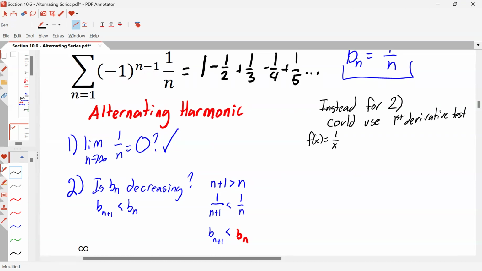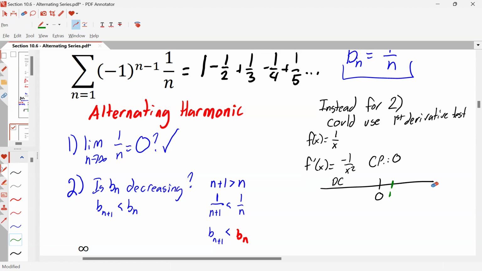And the first derivative of 1 over x is negative 1 over x squared. And our critical point is 0. That's the only place that function is undefined. And we don't care about the left-hand side of this because we only care from 1 to infinity, right? We only care from here onward.